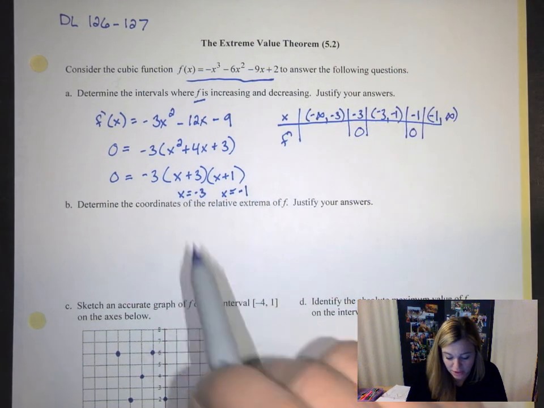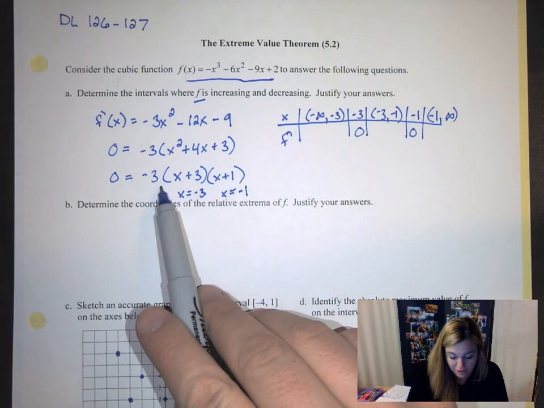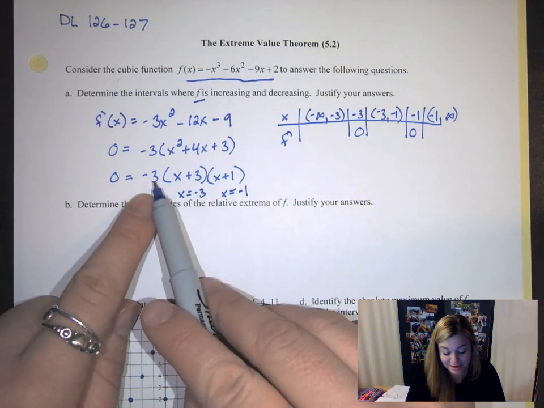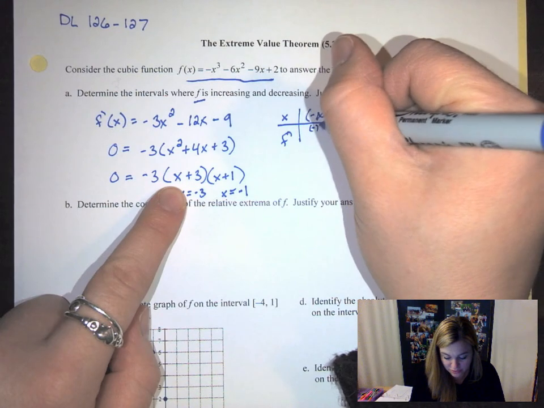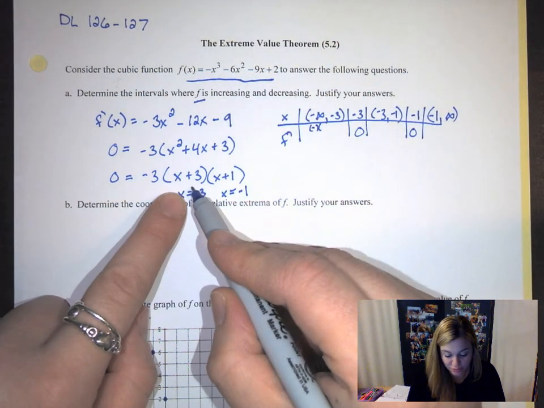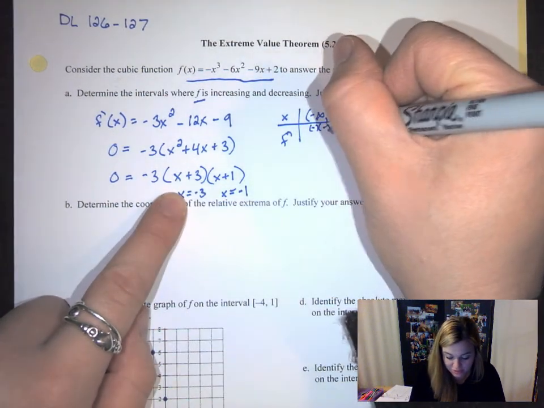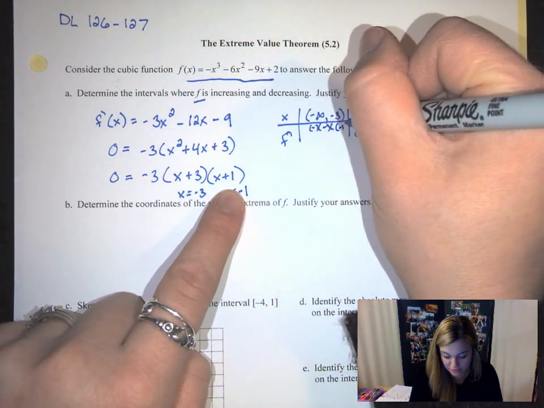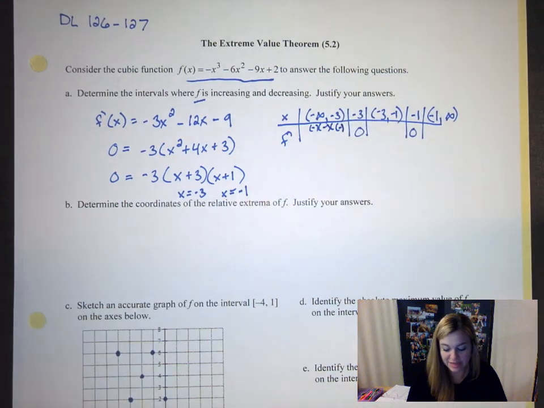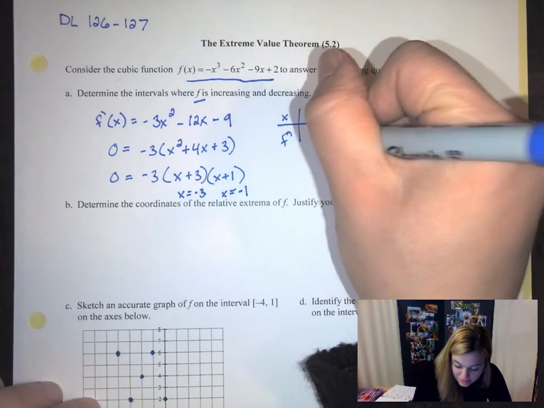I would have negative 400, or negative 3, which would be negative, times negative 400 plus 3 would still be negative, times negative 400 plus 1, still negative. Negative times negative is positive, times negative is negative.